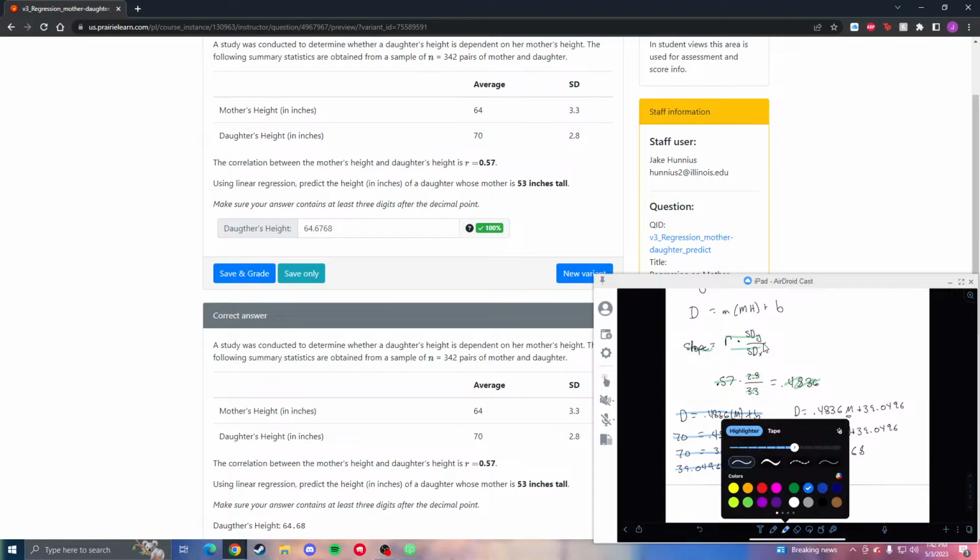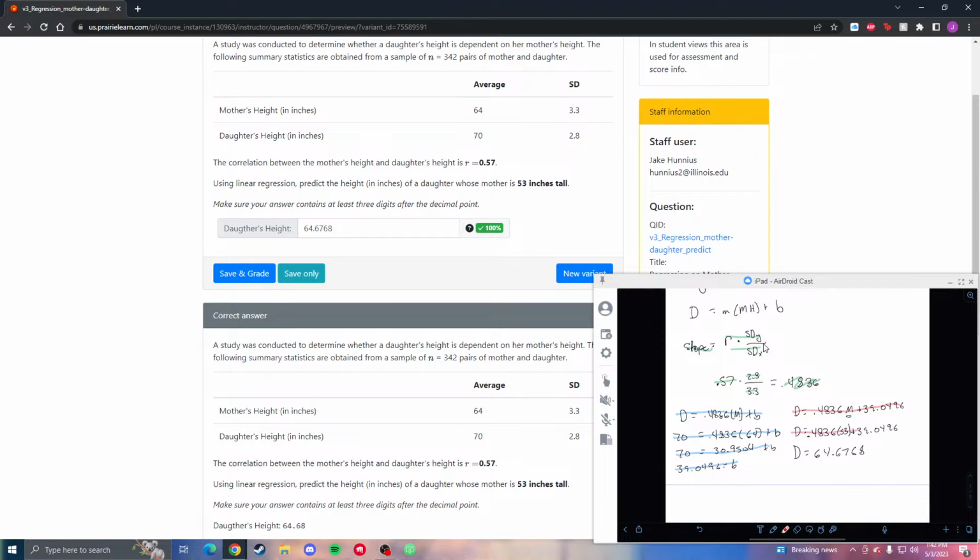Step 3 is, now that we have our slope and our y-intercept, we can plug that into our model equation of y equals mx plus b, and then plug in the mother's height to get our daughter's height. Any follow-up questions on that one? It is very complicated.